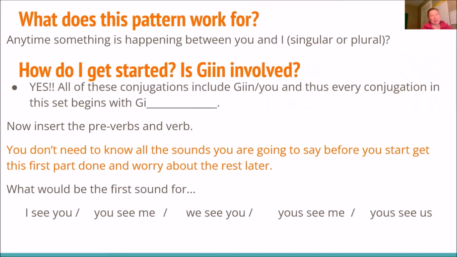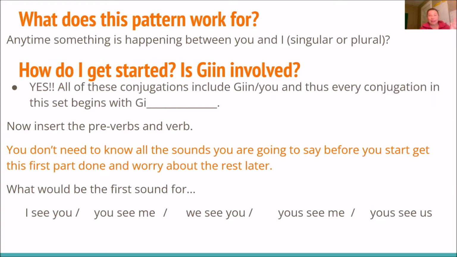So there is a small pattern for this set of conjugations, but again, there's just 8 of them, so I don't know how helpful it'll be for all of you. First thing is, just like in our other videos, we ask ourselves first, is you, the person I'm talking to, involved in this?